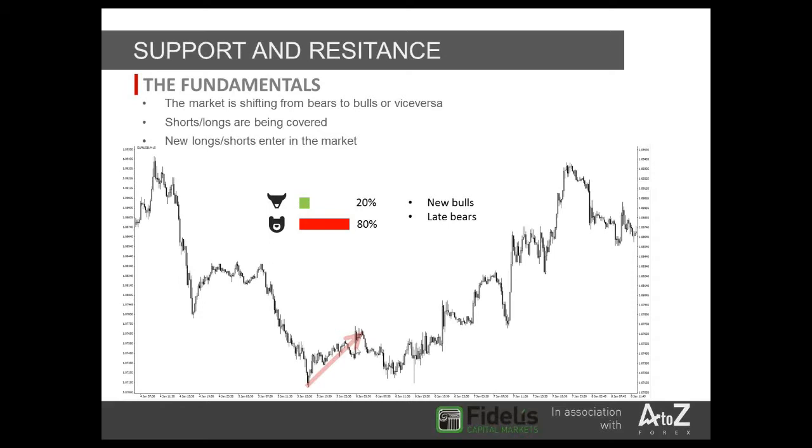Actually, this chart has a lot to say, but it doesn't necessarily make the subject of support and resistance. There's a lot to say about this chart regarding the price action. So we will make another webinar, guys, on price action, where I will give you a more detailed description of this chart and how the shift between bears and bulls is created here.